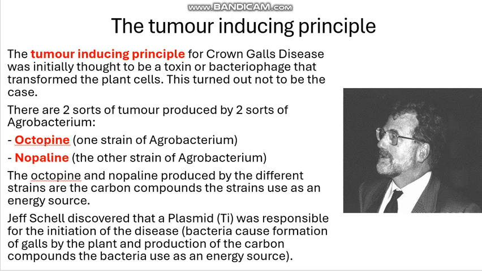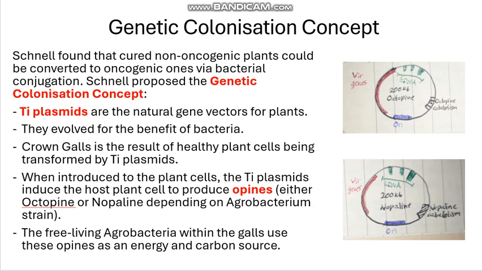A scientist shown on the right called Jeff Schell discovered that a plasmid that we now call the Ti plasmid was responsible for the initiation of the disease. Bacteria cause formation of the galls by the plant and production of the carbon compounds that the bacteria use as an energy source, like we just talked about.